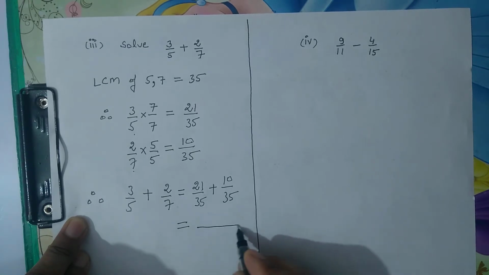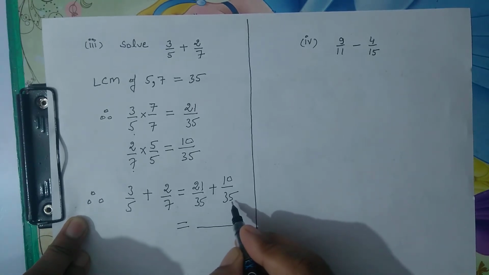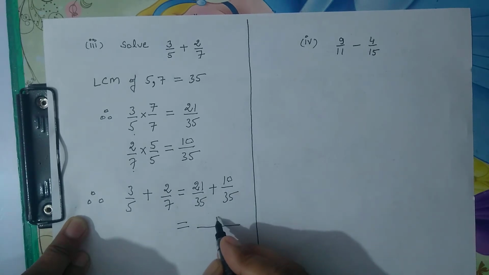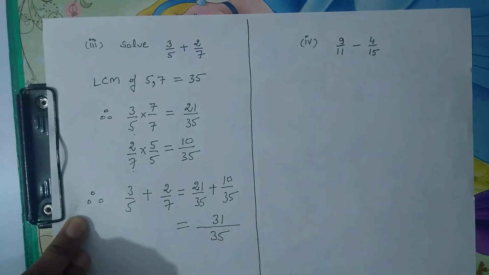Now the denominator is the same, so we add 21 and 10, which is equal to 31 upon 35. Because the numerator is less than the denominator, this is a proper fraction, no need to divide.